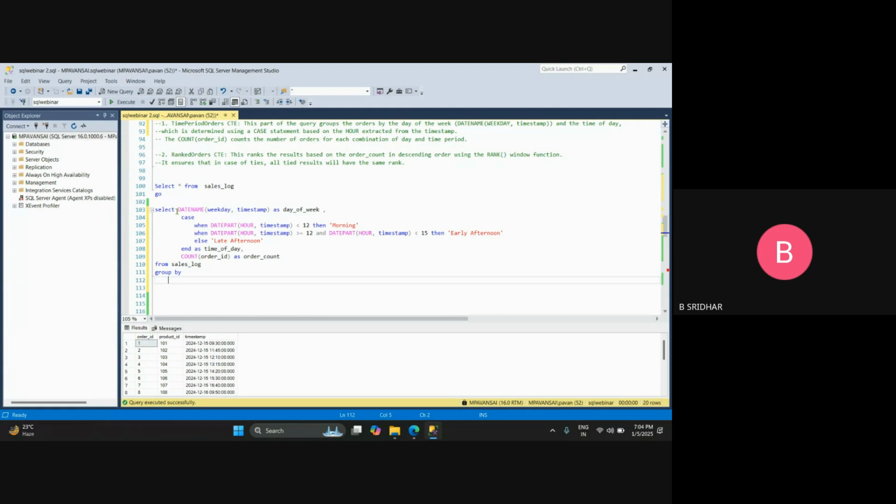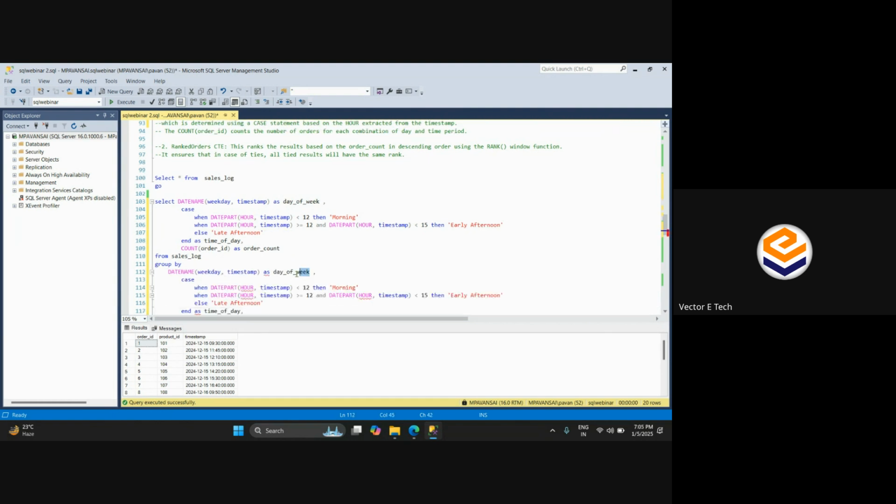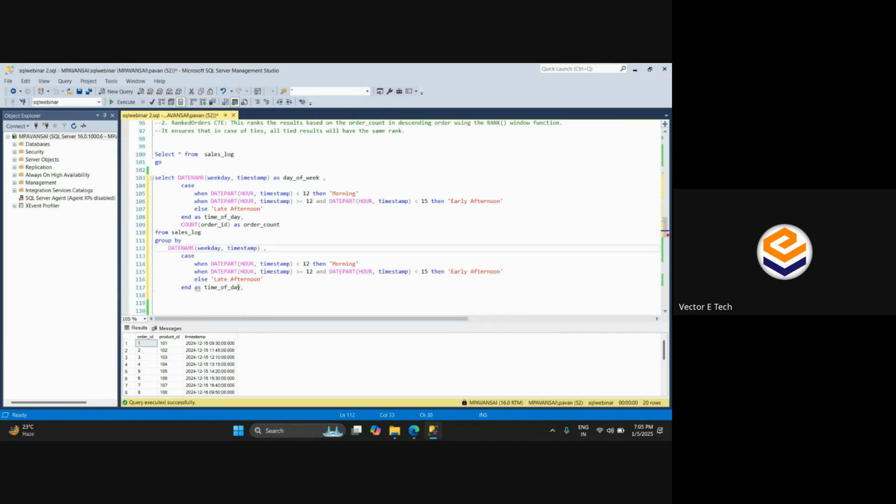Day of week as well as time of day, both the columns. Not one column, both the columns, because we are trying to extract them similarly. So we have to group by both the columns. We should remove these things, it is not required. Similarly, we should remove these names. So this is my group by.